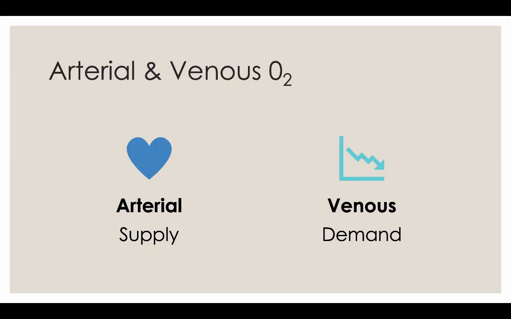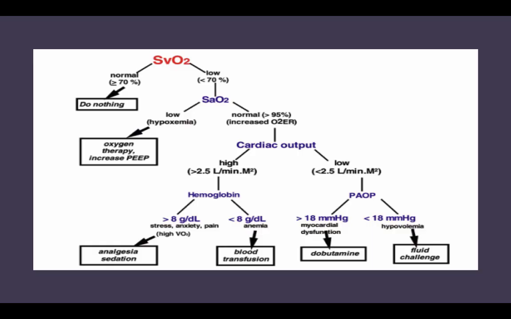So we can measure both what's coming into our system, and after our system has demanded and used up what they need, what is left over. Now, all that SaO2 and SvO2 comes in really handy when you have a patient who is starting to decompensate, and you need to figure out what is going on and what should you do.